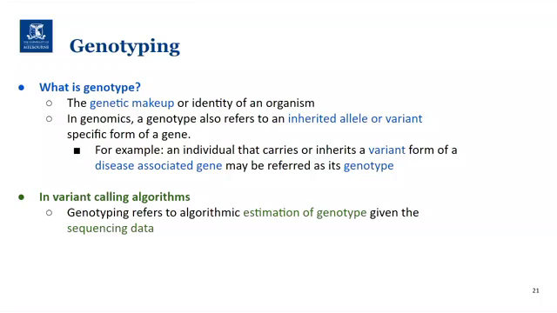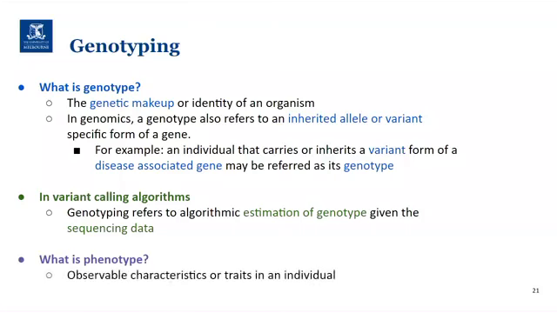While a phenotype is basically the observable characteristics or traits we have in an individual, which is a combination of genotype and environmental factors. So it's how genetics interact with the environmental factors.